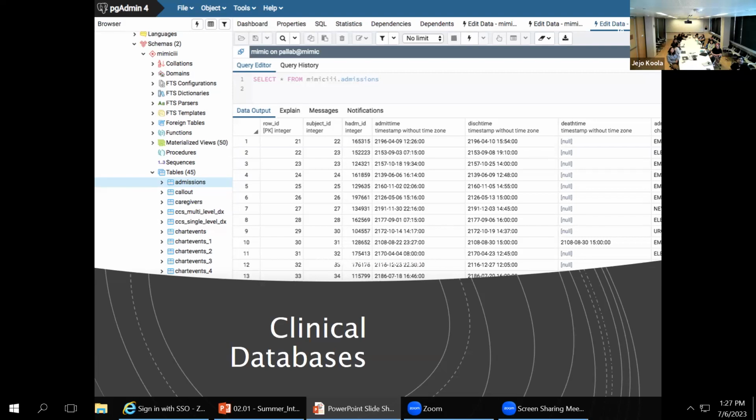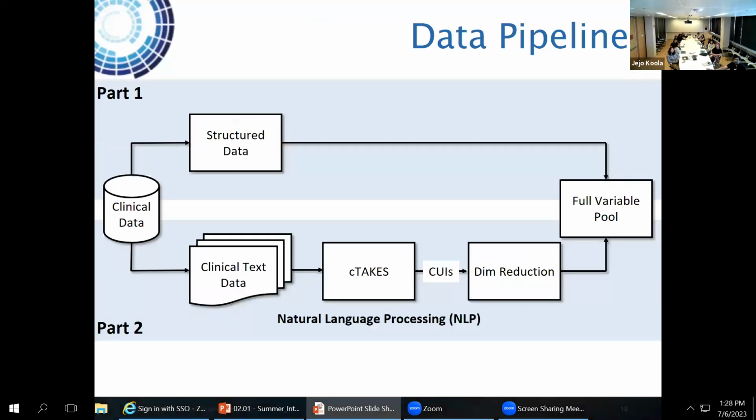It has information about when they entered the hospital on such and such date and time, when they left the hospital, and a numeric identifier for the patient. So again, nothing fancy, really simple, not intimidating at all, about how the information is stored.